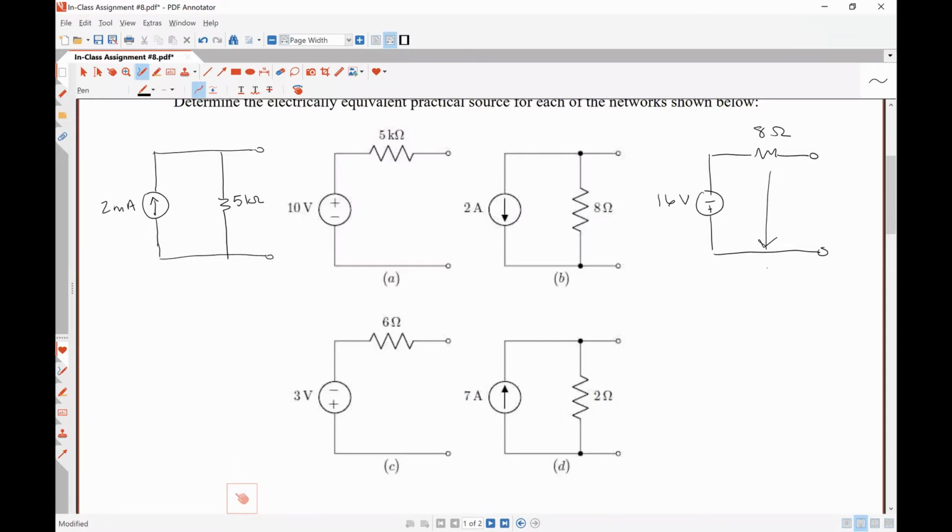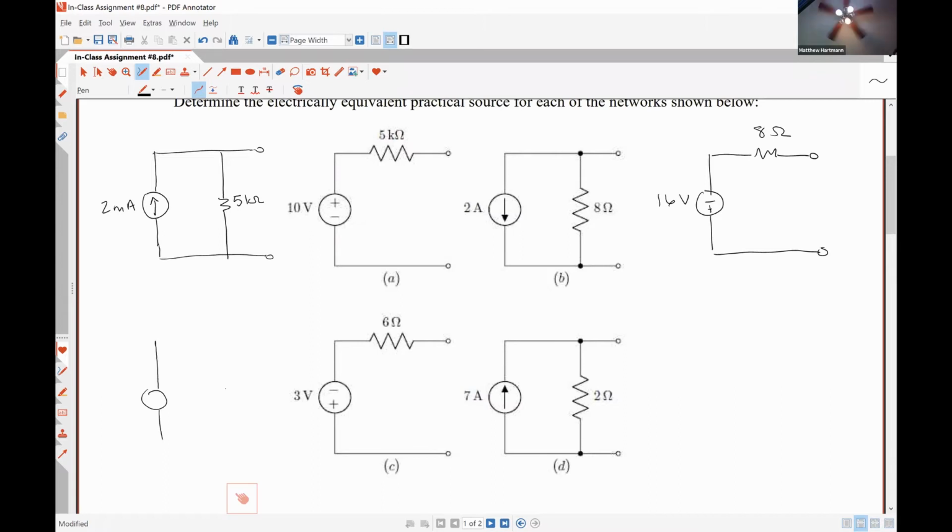No, it shouldn't, because these two elements are in series, so the order in which we put them is completely irrelevant. So it will give you the exact same results as if the 8 ohm resistor was in either location.